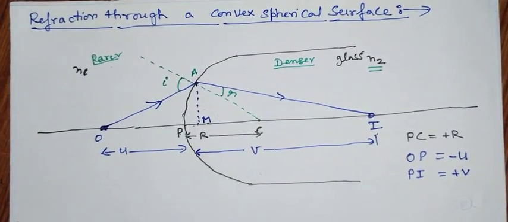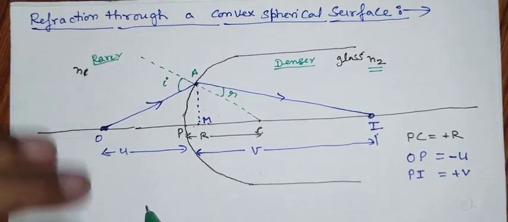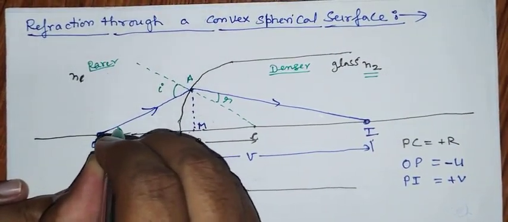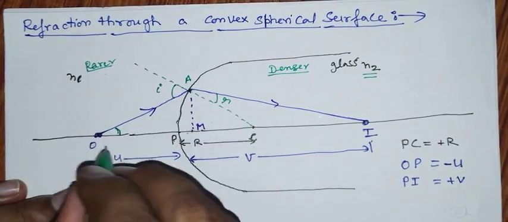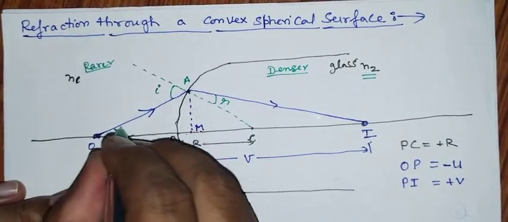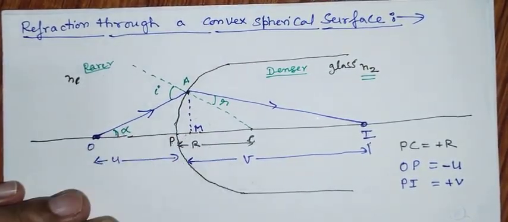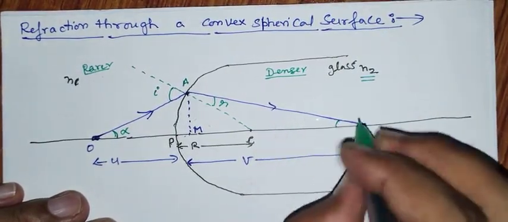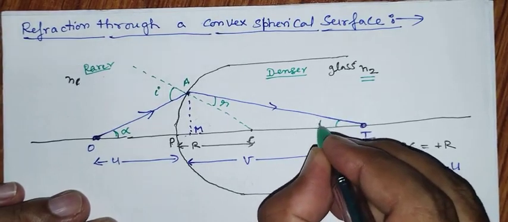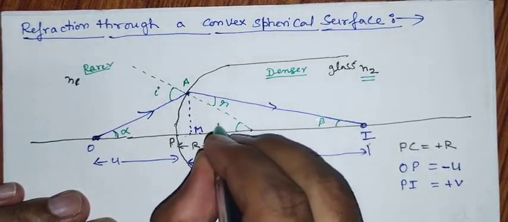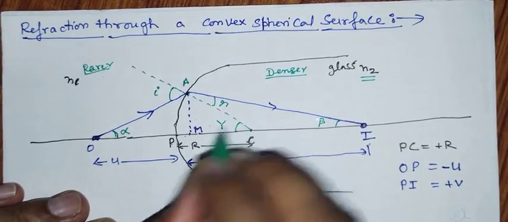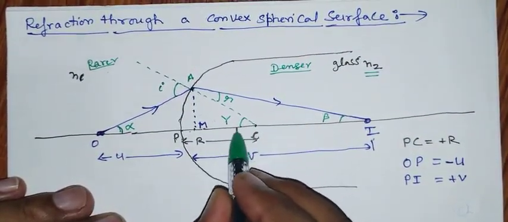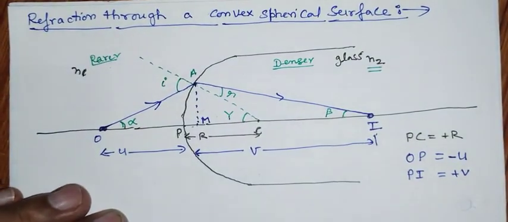Now we are going to take some angles here. This angle made by the incident ray with the principal axis, we are taking alpha. The refracted ray making an angle with the principal axis, beta, and the normal from the center of curvature makes angle gamma with the principal axis.